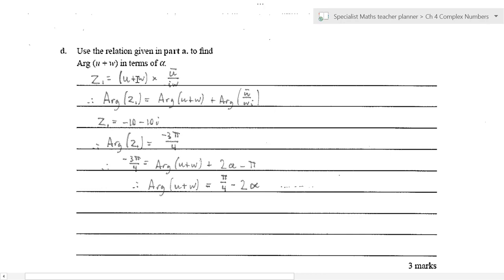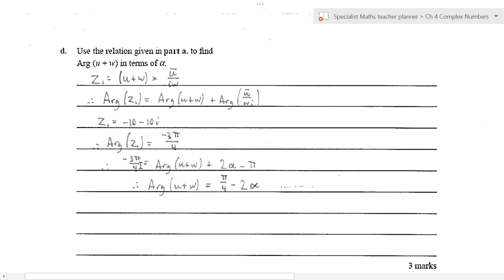So arg of u plus w, well, first of all, if you're adding the arguments, we know what the argument of Z1 is, and then we know that the argument of alpha was this thing here, which we've been asked to show, which is 2 alpha. So the argument was 2 alpha minus pi. So we simply just had to rearrange that and use the previous information.